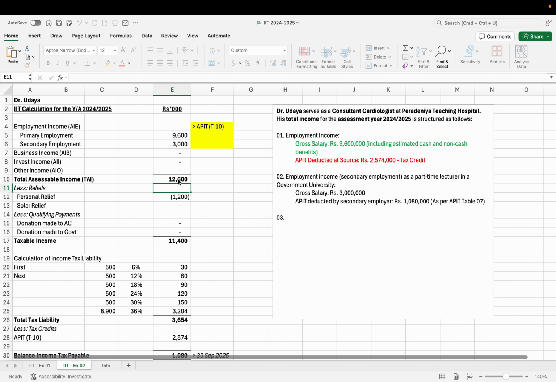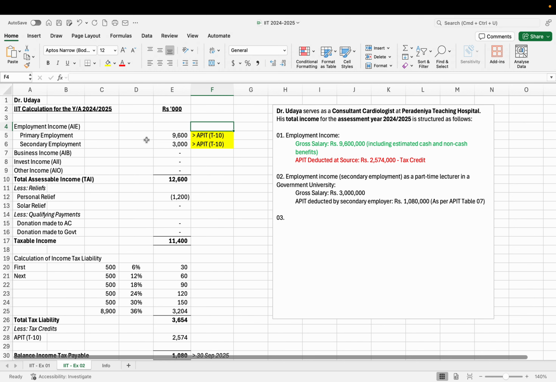So primary and secondary. Again, you need to make sure of the APIT deduction as per the T10 certificates issued by the employers. Those T10 certificates need to be attached for primary and secondary employment.